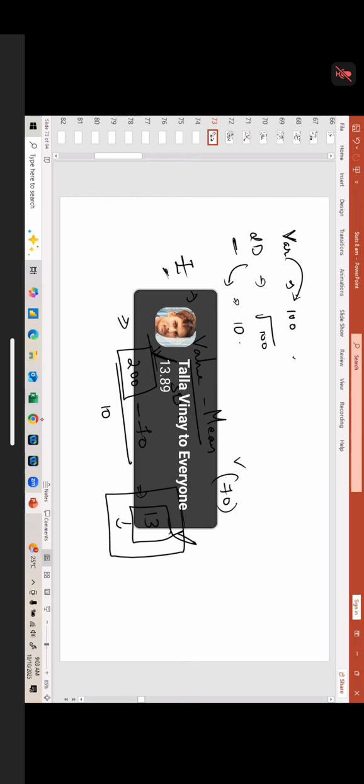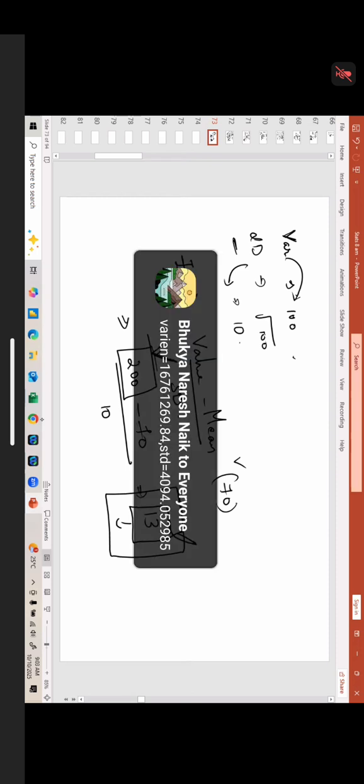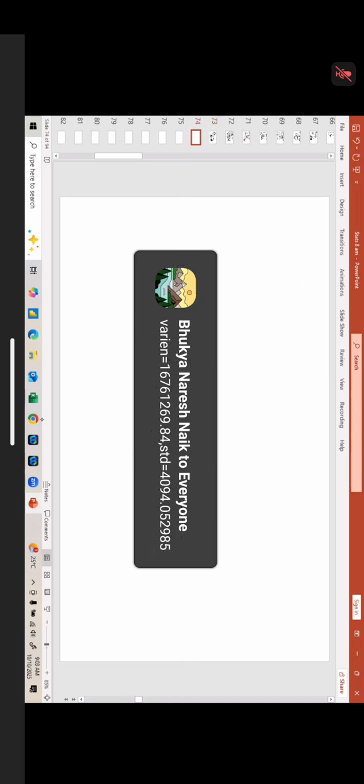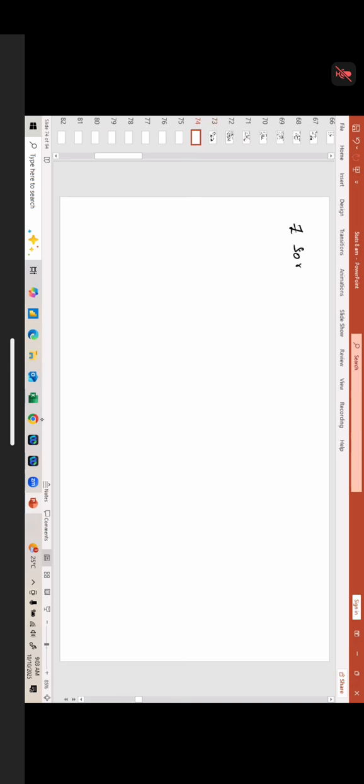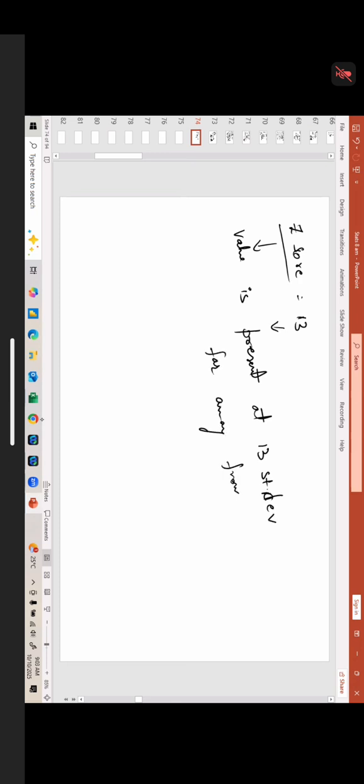Is this understood? Okay. I'll repeat this again. Z score is equal to 13. The value that we are taking while calculating Z score is present at 13 standard deviations far away from the mean value.